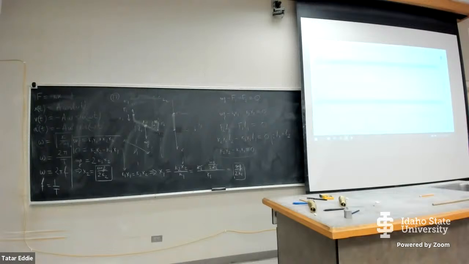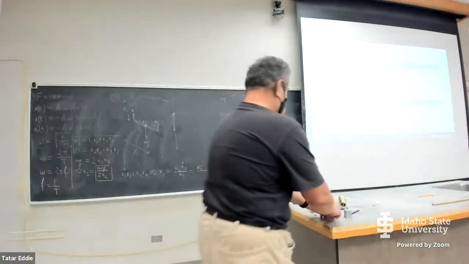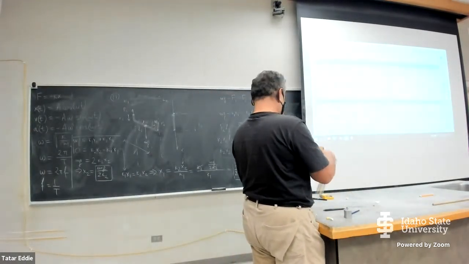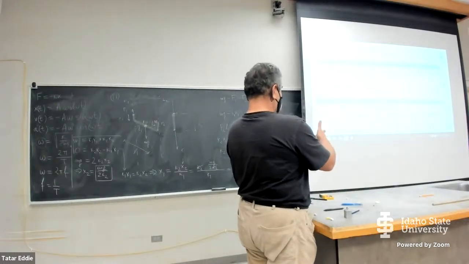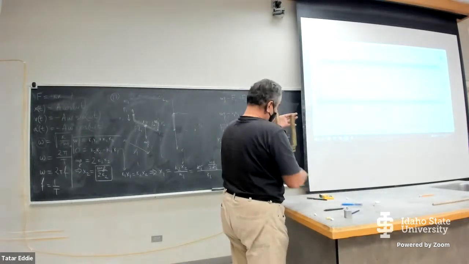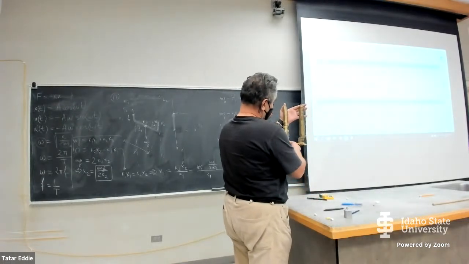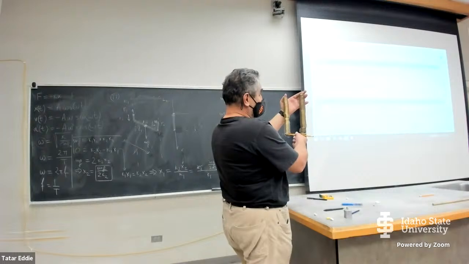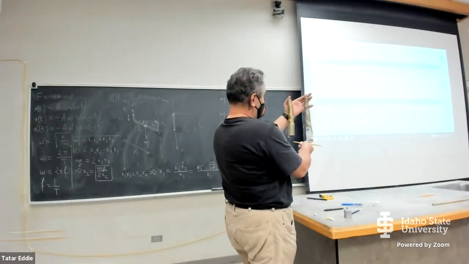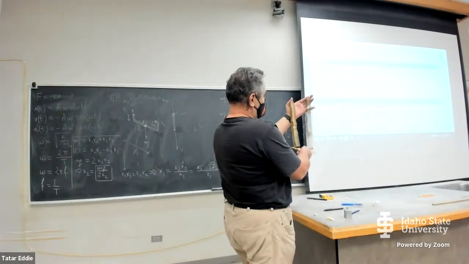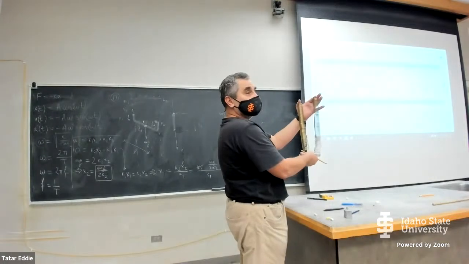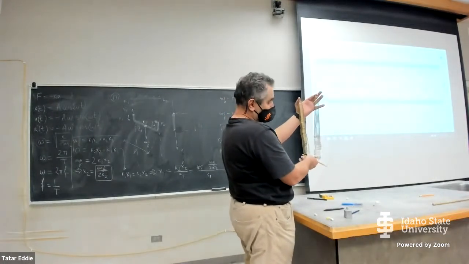So, here is the setup of our problem. Here are the 2 springs, and here is the stick that is attached. When I attach the stick, both of the springs expanded, but the stronger spring expanded less than the other.